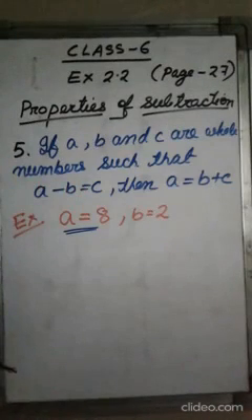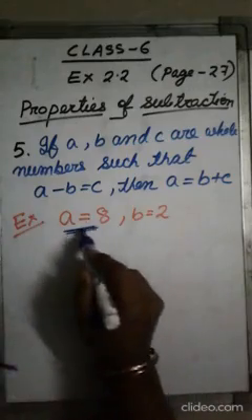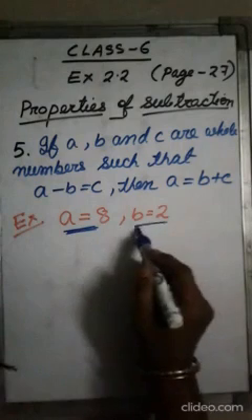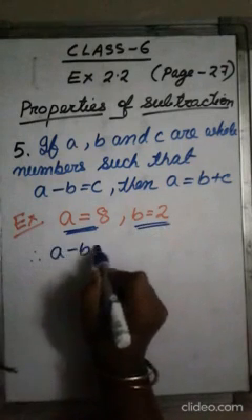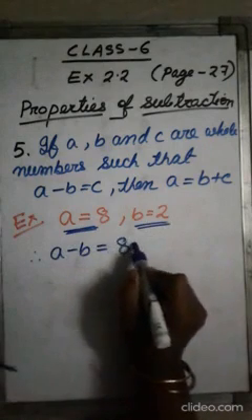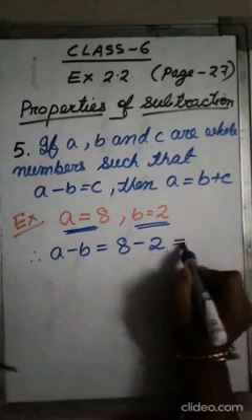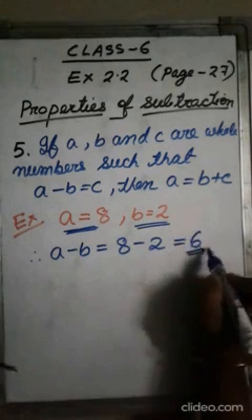Property number 5, if A, B and C are whole numbers such that A minus B is equal to C, then A equal to B plus C. I have assumed A to be 8, B to be 2. Therefore, A minus B is 8 minus 2, which is equal to 6.